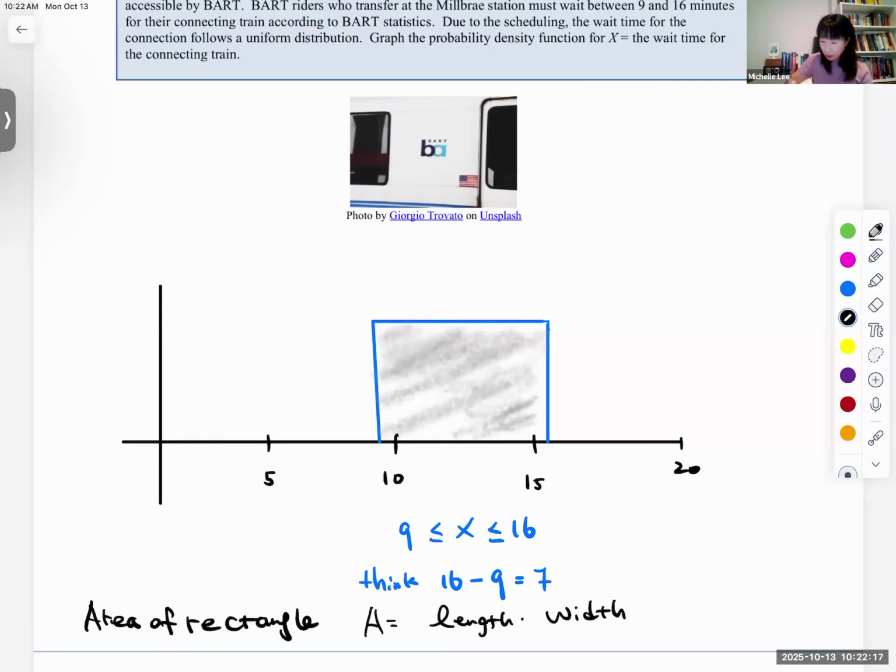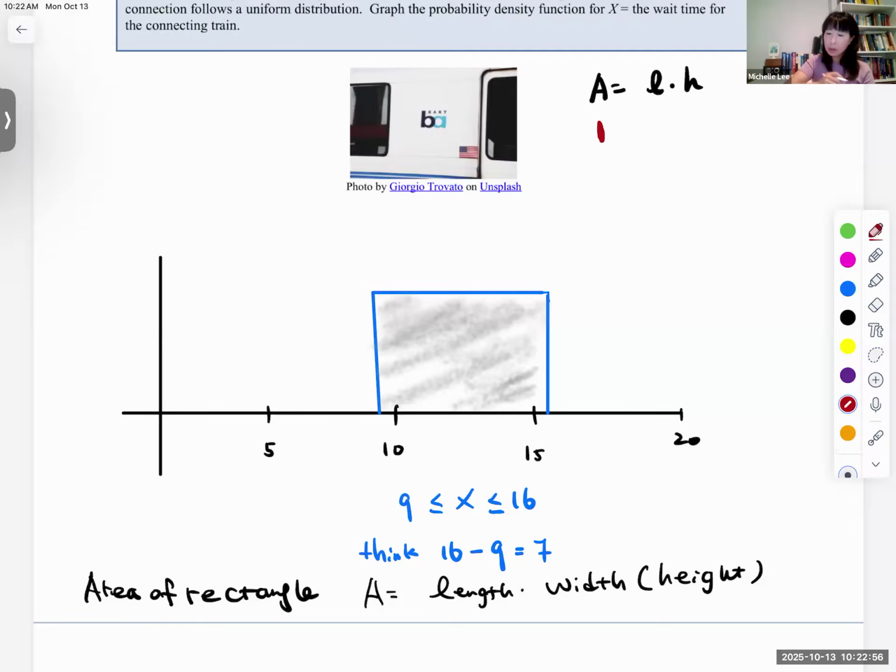The total area under the probability density function curve is 1. So 1 equals length 7 times h.